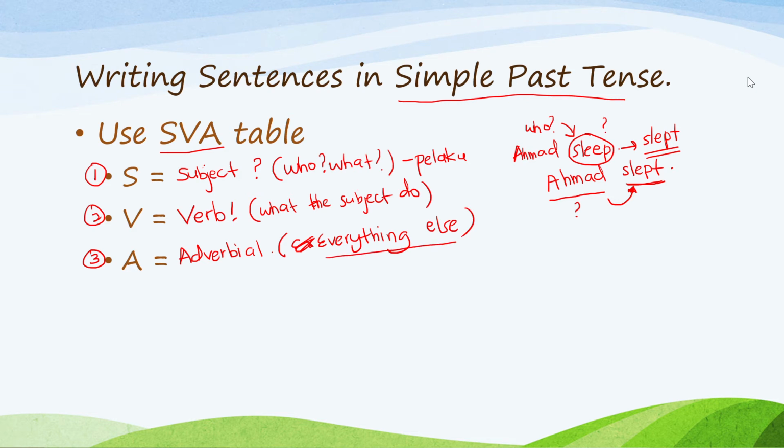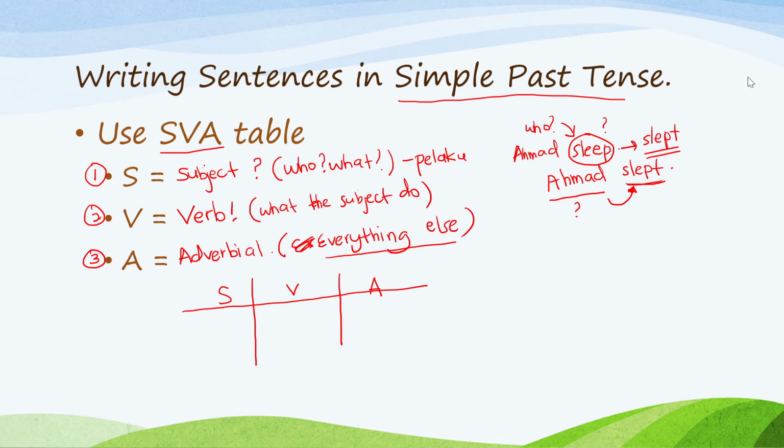Semua benda selain daripada subjek dan verb adalah adverbial. Let me show you an example. Now, here we have subject. And the next is we have verb. Next we have adverbial.